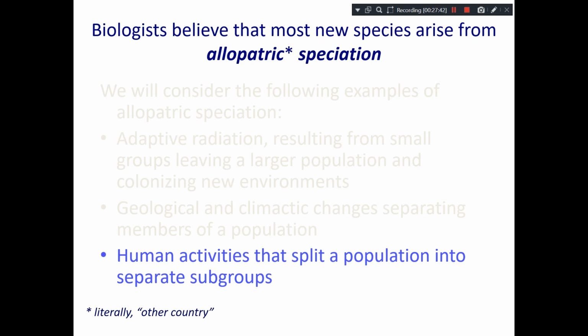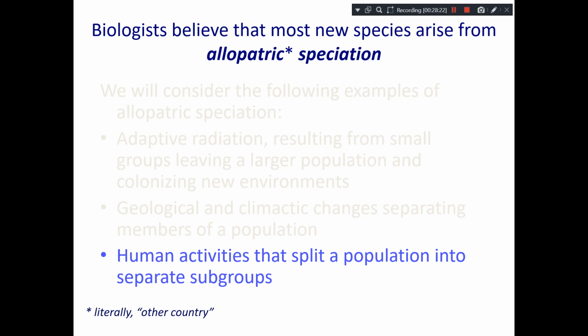For this, we will consider one more example. Adaptive radiation resulting from small groups leaving the larger population and colonizing a new environment. When a small group of individuals leaves the larger population and colonizes a newer area, they have to show adaptive radiation to the new environment.